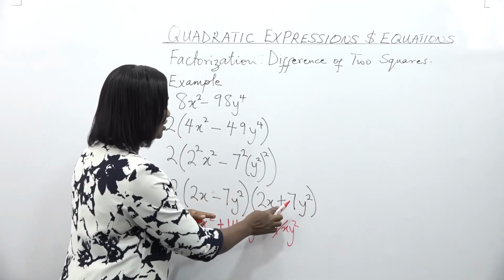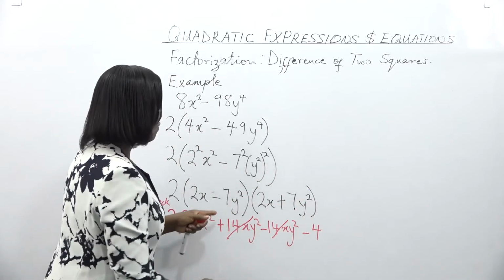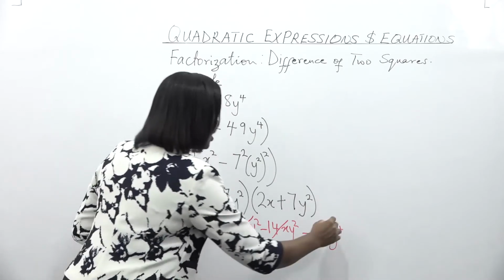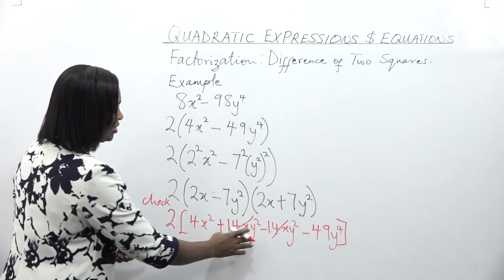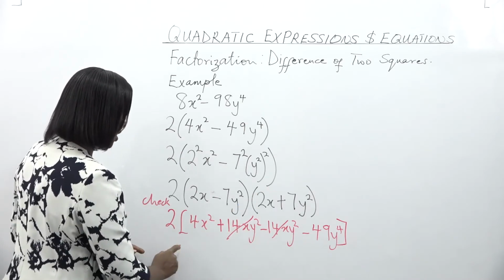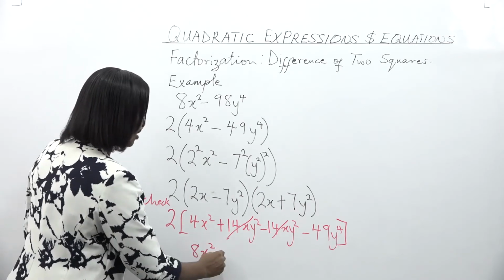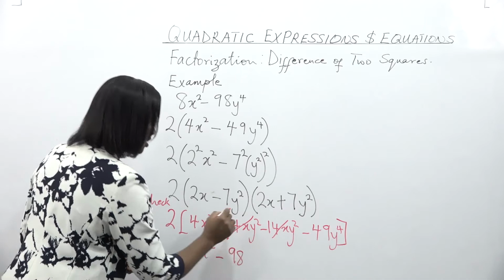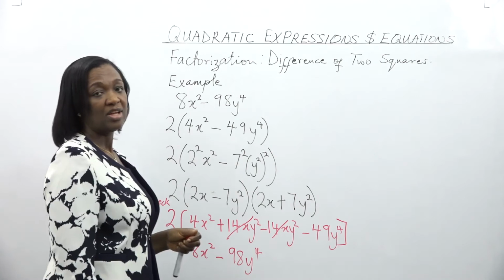Minus 7y squared times plus 7y squared will then give us minus 49y to the power 4. And then, by the time we multiply through by the 2, 2 times 4 will give us 8x squared, minus 49 times 2 will give us 98, and then we have y to the power 4, which is our original expression.